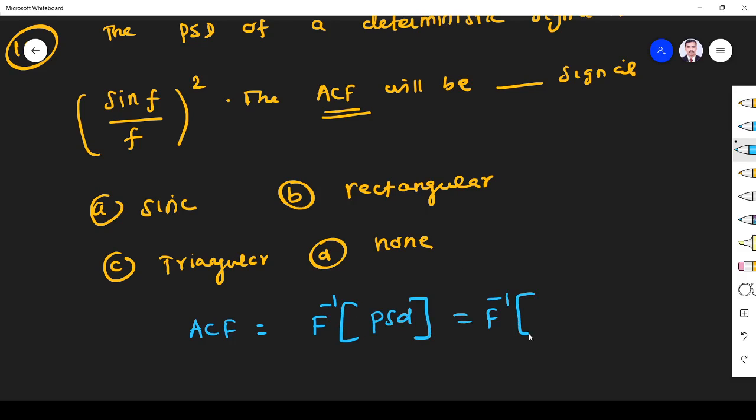So inverse Fourier transform, you see (sin f by f) whole square is nothing but sinc f square. For sinc square, the inverse Fourier transform is a triangular waveform. Right? We don't need the answer, we want only the waveform type. So it is triangular. So option C is the right answer.